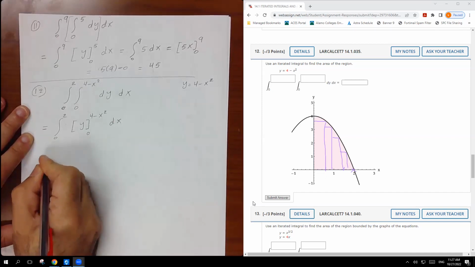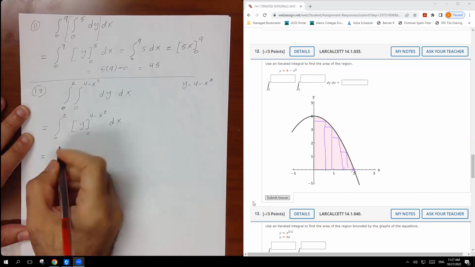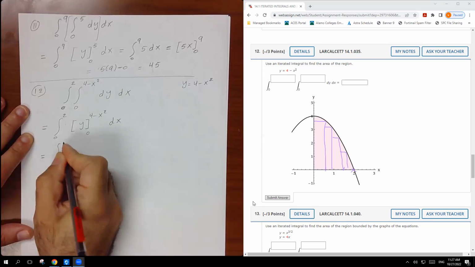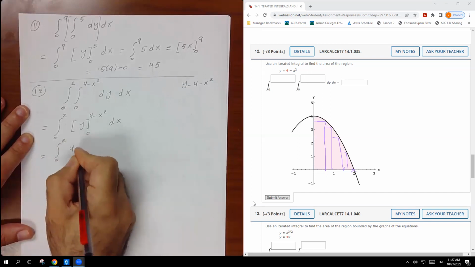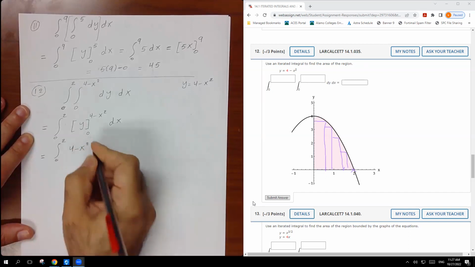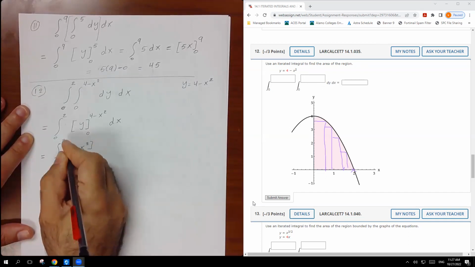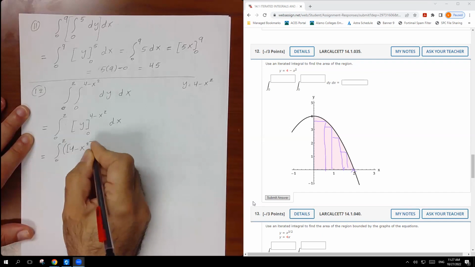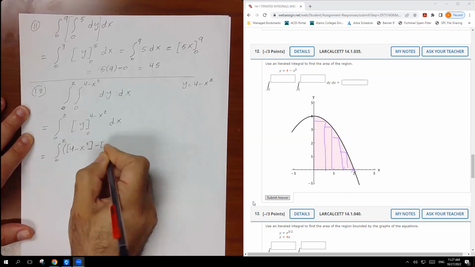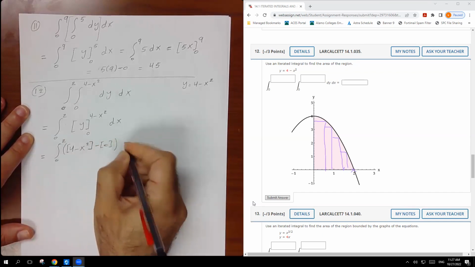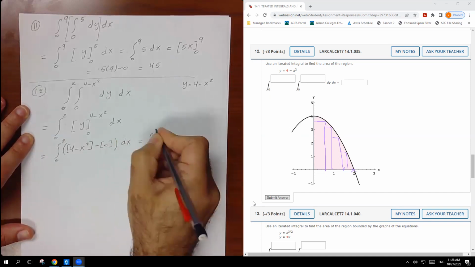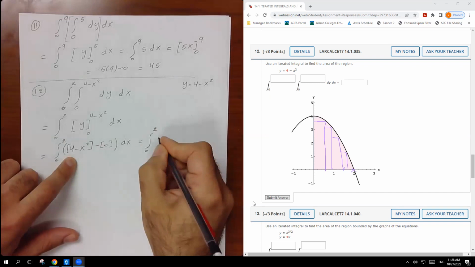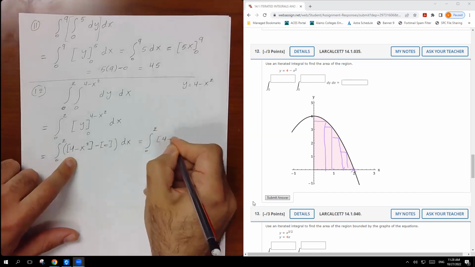Now plug in 4 minus x squared, so it's going to be the integral from 0 to 2 of 4 minus x squared minus 0 dx, which equals the integral from 0 to 2 of just 4 minus x squared.